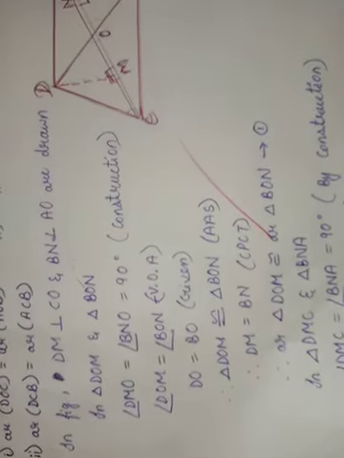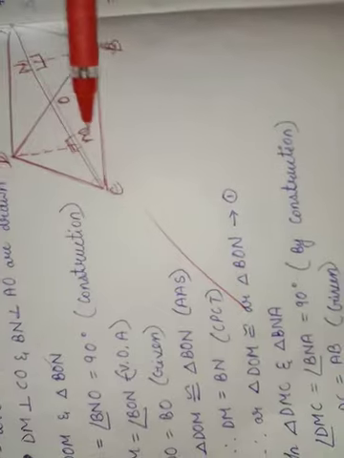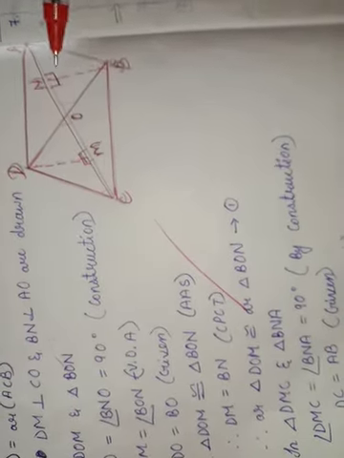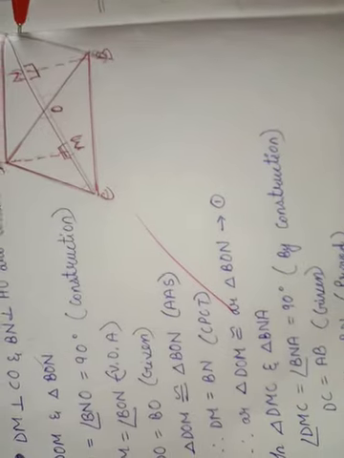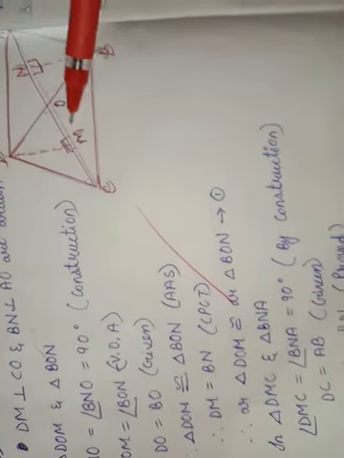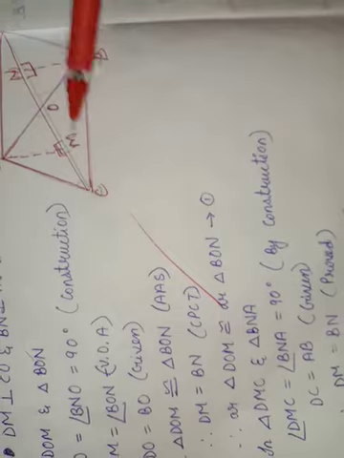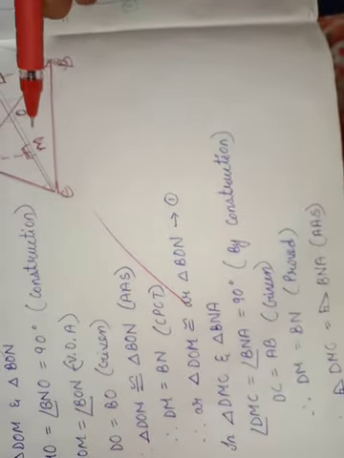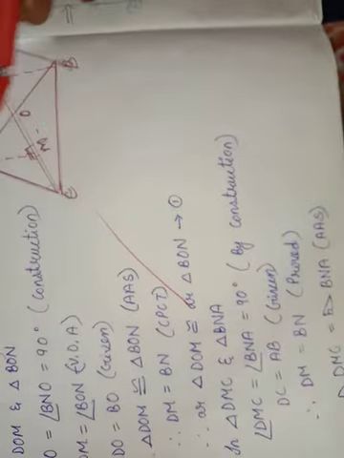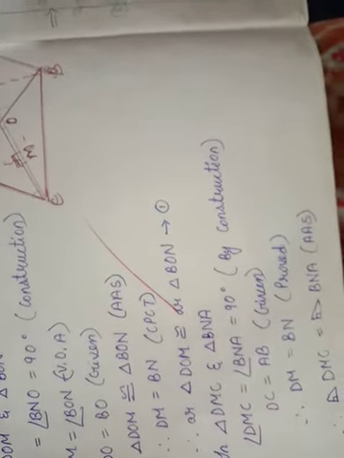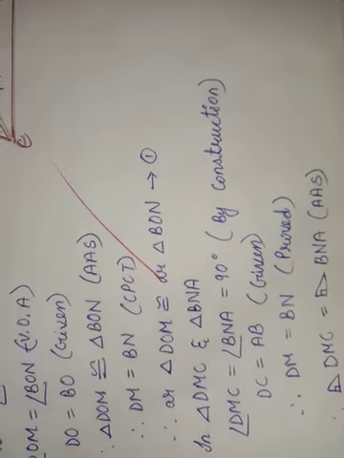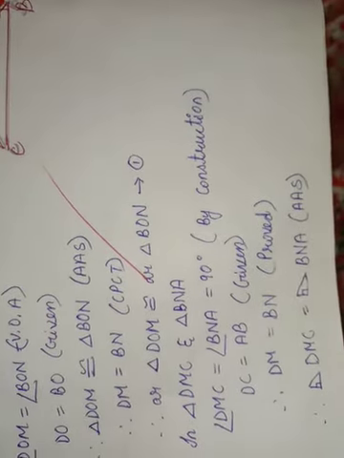Now in the figure, DM perpendicular to CO and BN perpendicular to AO are drawn. In triangles DOM and BON, angle DOM is equal to angle BON, vertically opposite angles. DO is equal to BO, it is given.